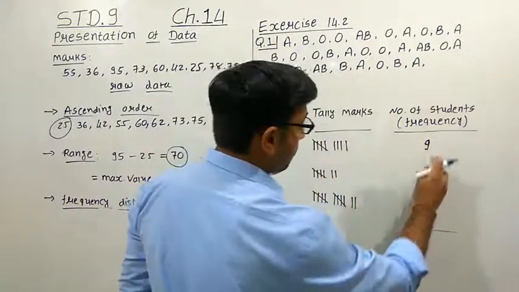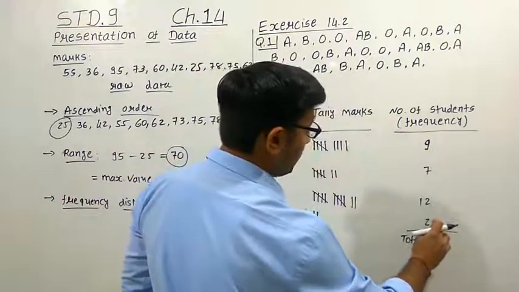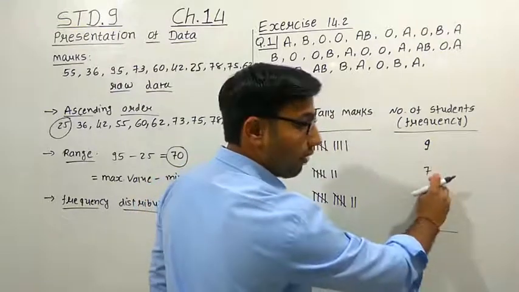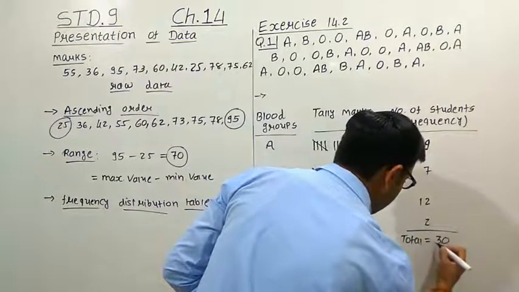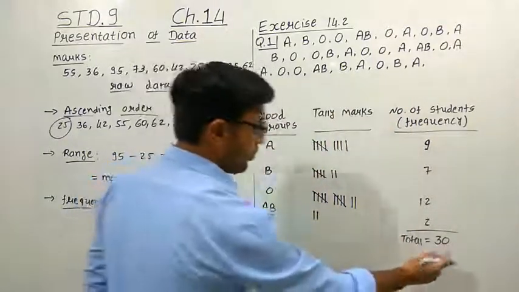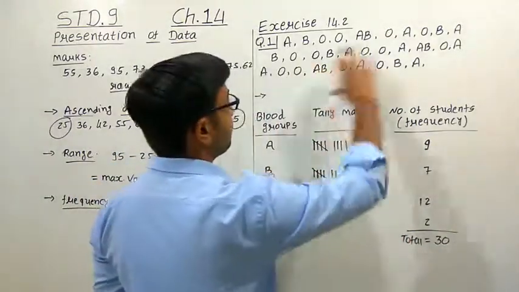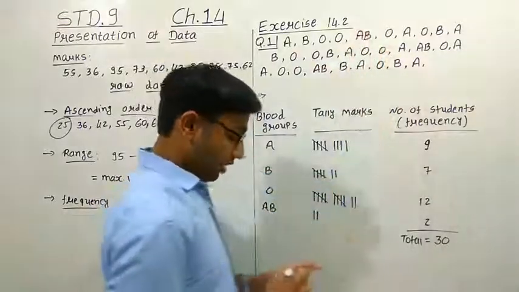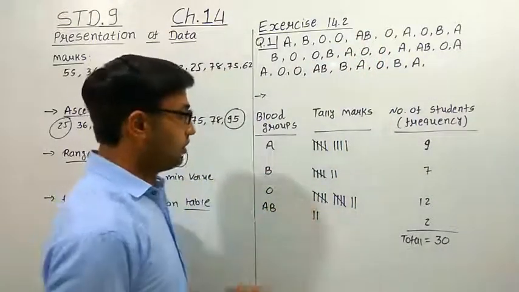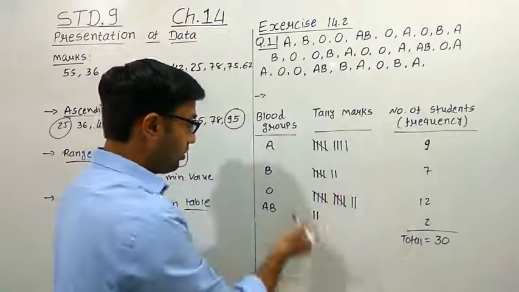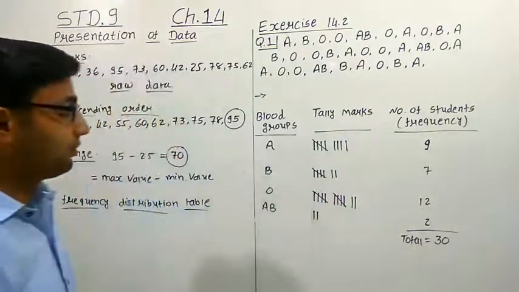Total is 12 plus 2, 14. 14 plus 7, 21 plus 9, 30. So here also we have to confirm that the number of students is 30. We must get 30.